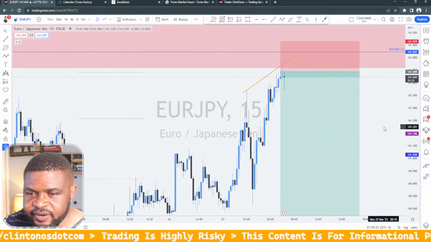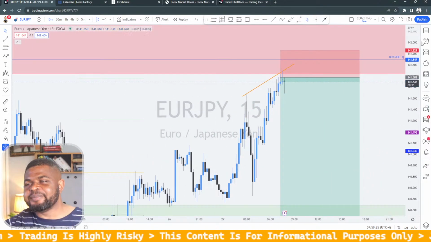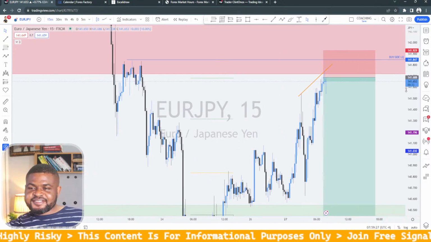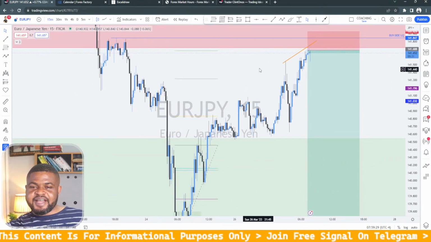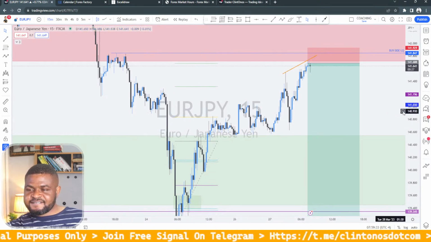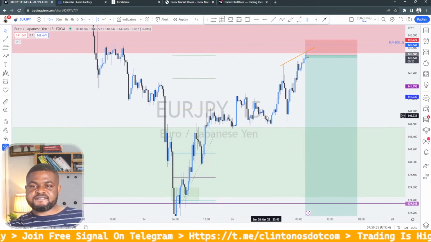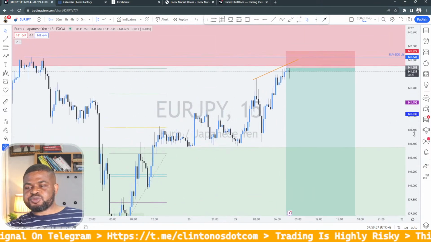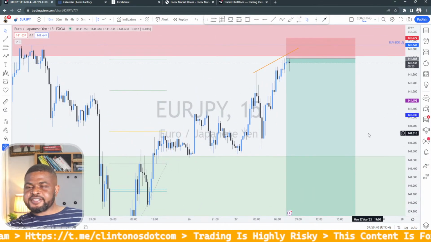That's like going against an established trend. This is going against an established trend, right? So we have two more candles left to end this session.